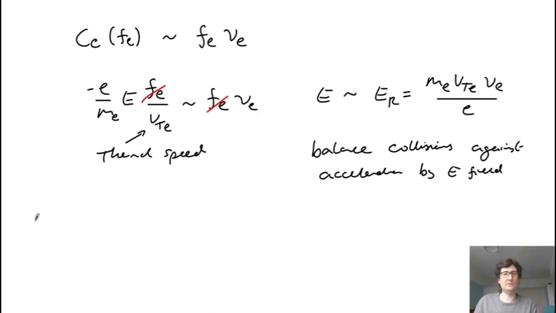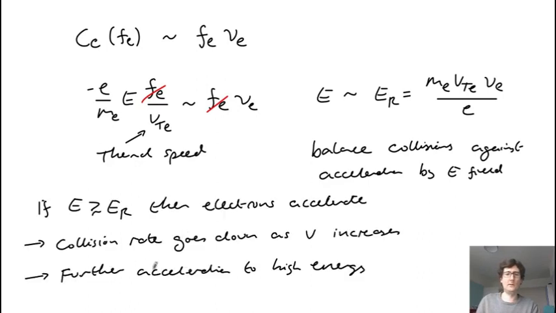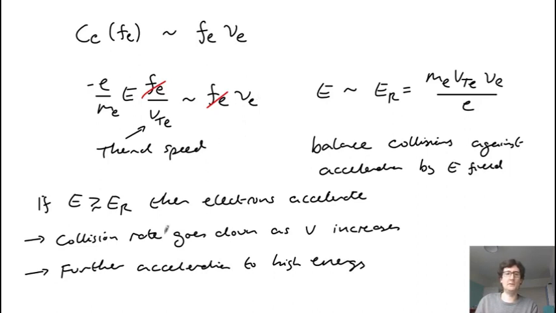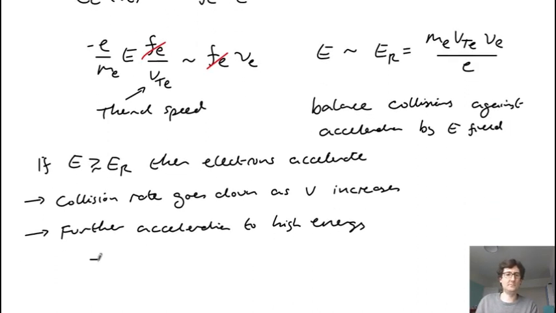Because as the electrons accelerate, the collisions go down. The collisions go down, the electrons can accelerate even further. And this runaway acceleration is just called a runaway or slide-away. Slight variations, but essentially this is a runaway process, which leads to the generation of very high energy electrons.